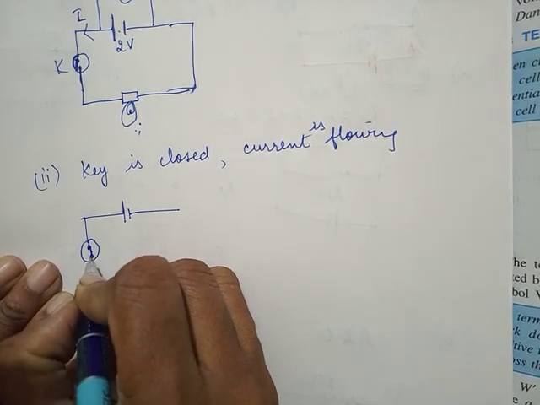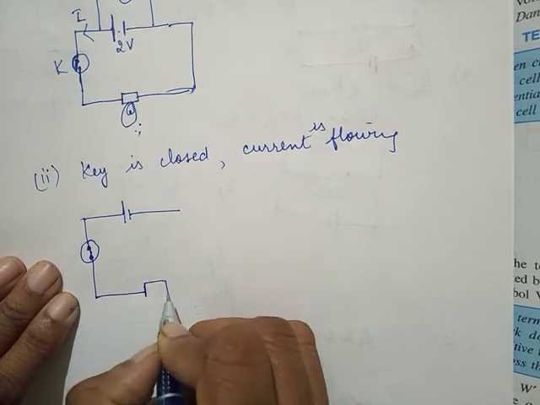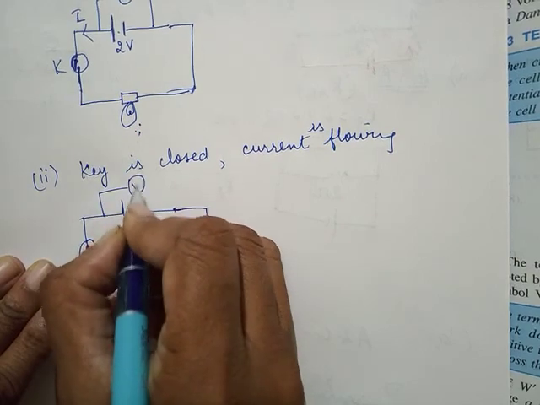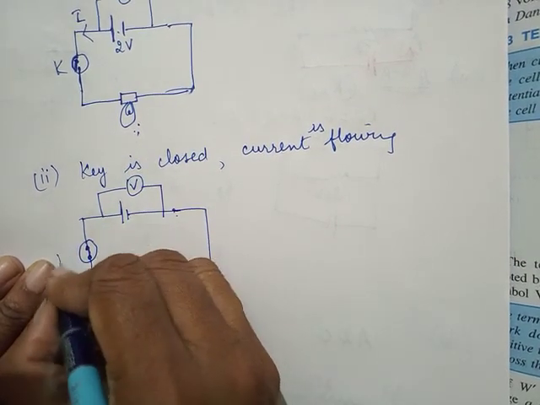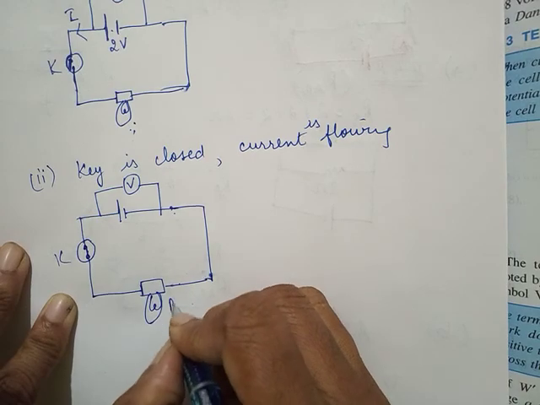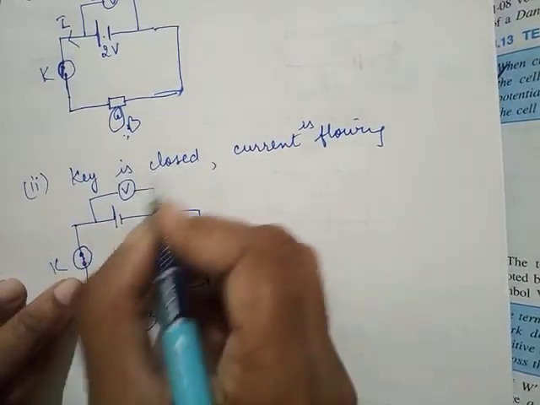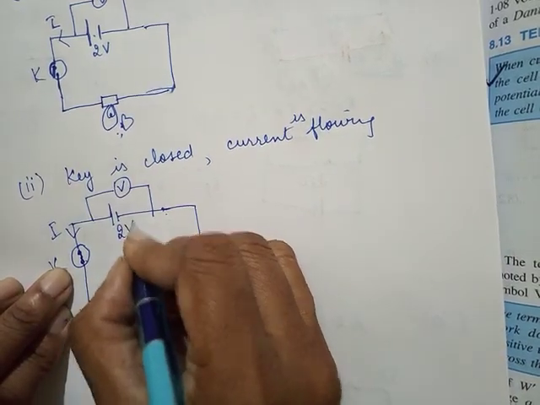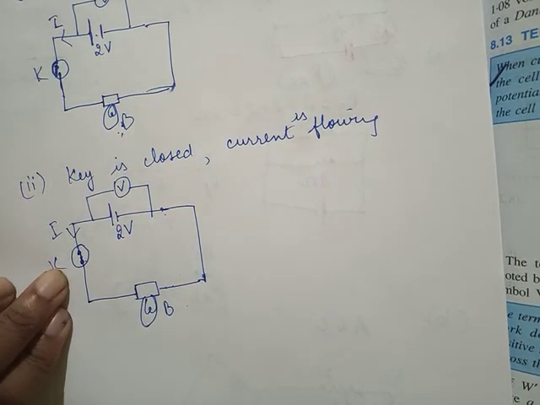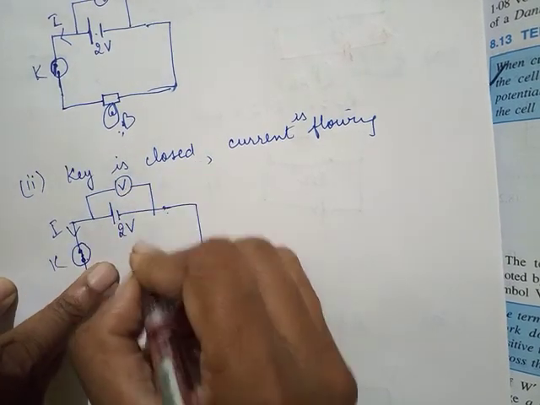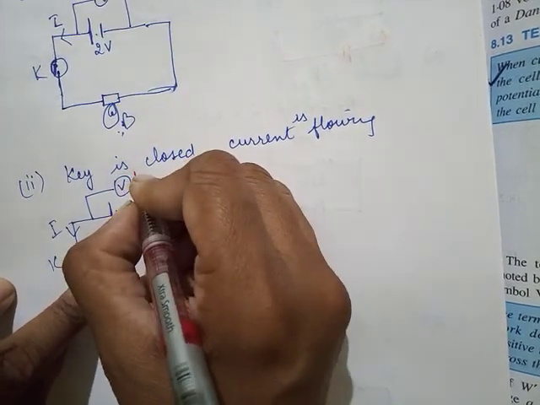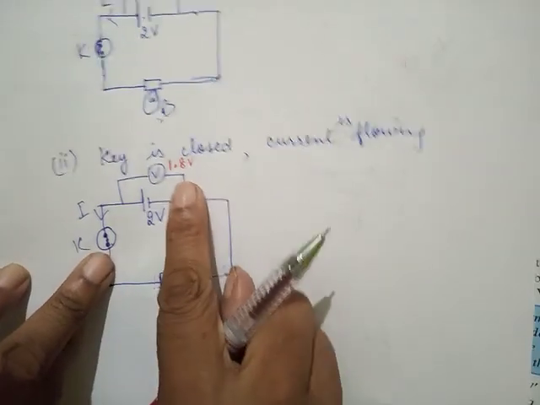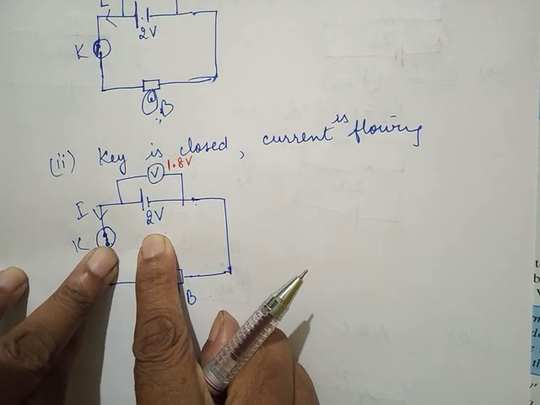That means like this, and then you have your bulb here, and then you have your voltmeter here, and key K and bulb B. Now when the key is closed and current I started flowing, and this is a 2-volt battery, the voltmeter will not show 2 volt. It might be showing say 1.8 volt, less than 2 volt.